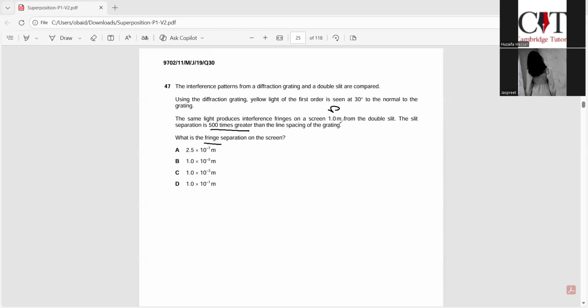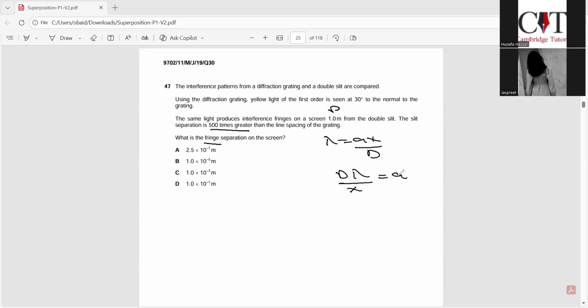So if we use the formula lambda equals ax over D, we know that D lambda over x is equal to a. So the slit separation is 500 times greater than the line spacing.